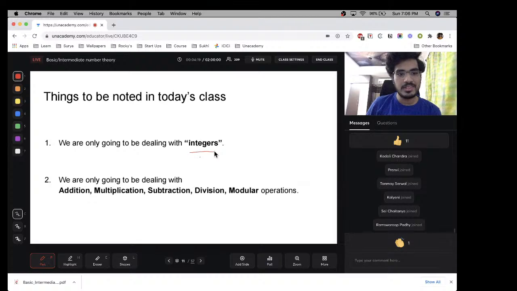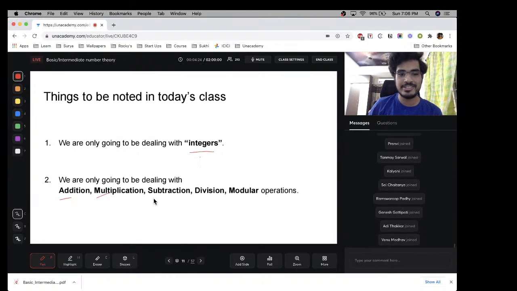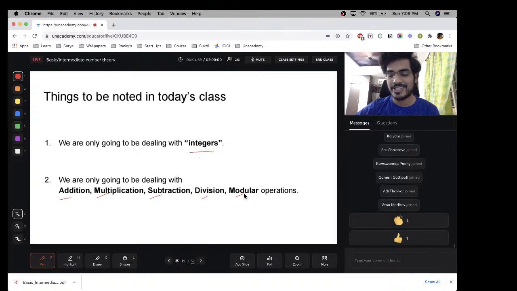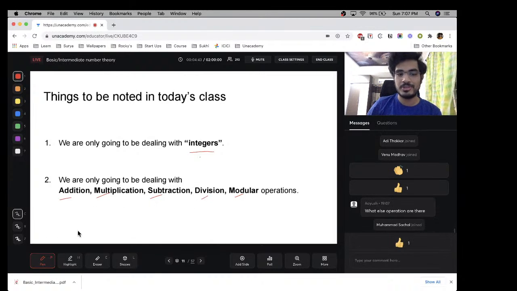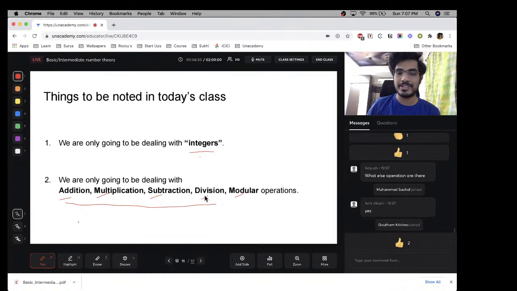We are also only going to deal with addition, multiplication, subtraction, division, and modular operation. Simple, right? Nothing complex. We are not going to use any kind of complex notations or random complex theories or convergences or anything. Almost all of you know the first four operations, right? Addition, multiplication, subtraction, and division. Everybody knows that. We learned that in elementary maths.